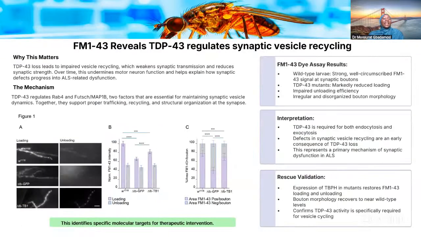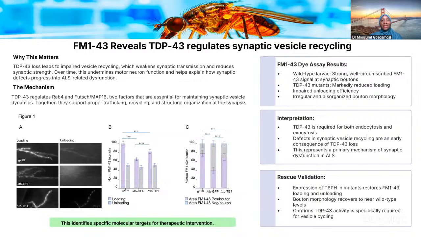Okay, back to the model that I'm talking about. I told you that we were interested in understanding what was happening before the motor neurons die, before that hallmark showed up, the death of the motor neurons. Because we have characterized the TBPH mutant a lot, we have seen that quite a number of key synaptic proteins were downregulated in the TBPH mutant.